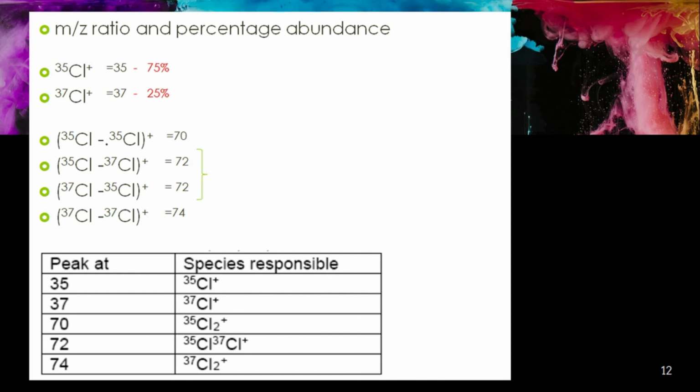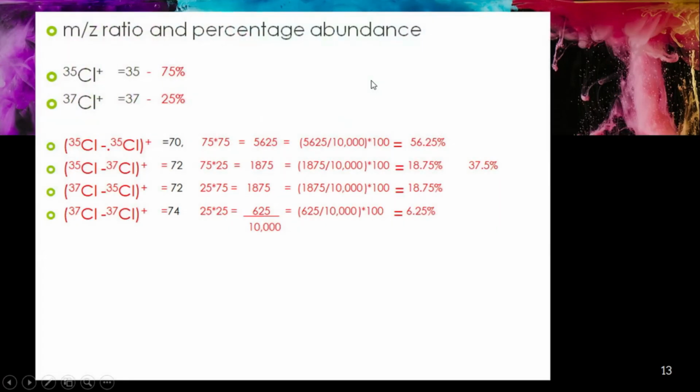Now the final step is to calculate the percentage abundance. What we do is almost similar to what we did when calculating the mass to charge ratio. In the mass to charge ratio, using the molecular ions, we added the mass numbers together to get the mass to charge ratio.